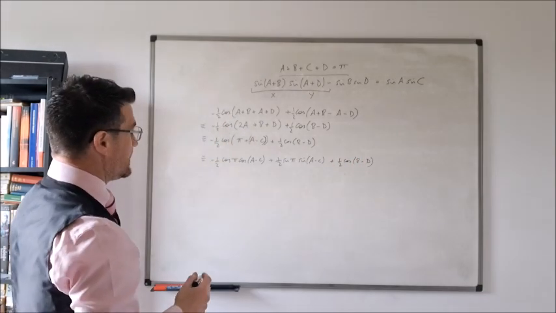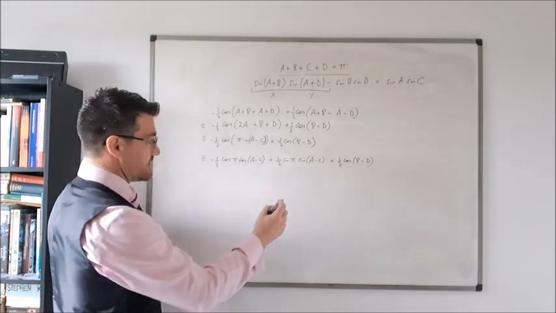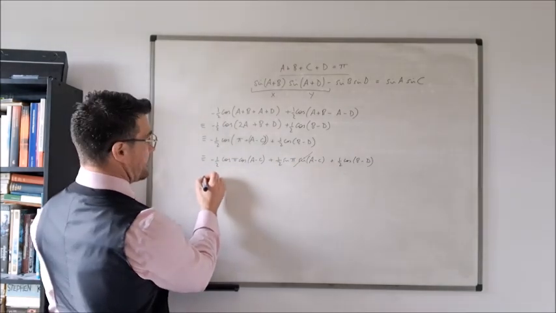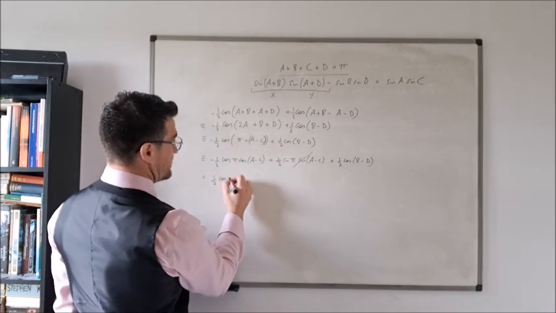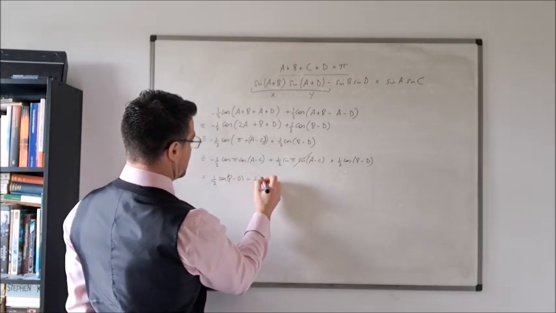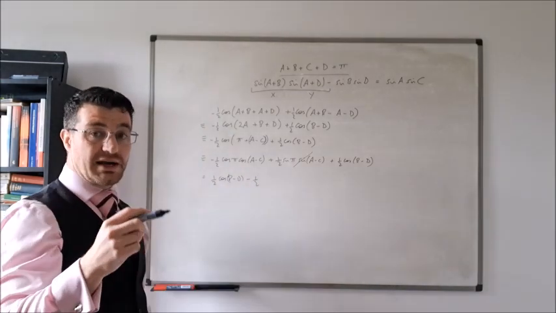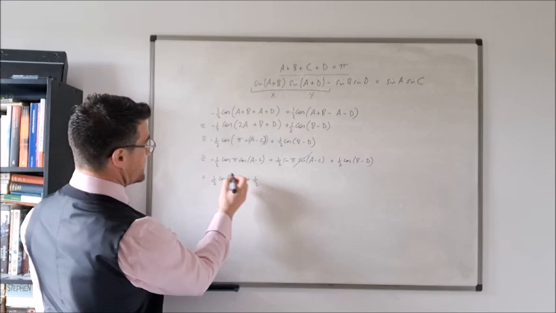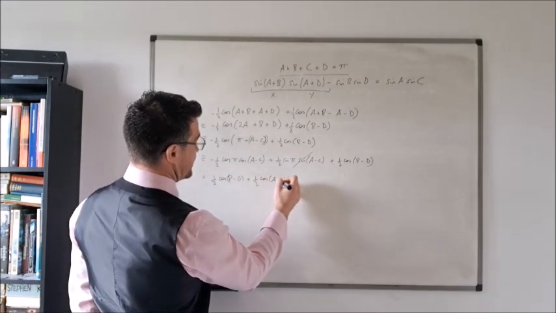Perfect. Right, so sine pi is equal to 0. Bye-bye. So what I'm left with is half cosine b minus d, minus a half cos pi. Cosine of pi is minus 1, so it's going to be plus a half cos a minus c.